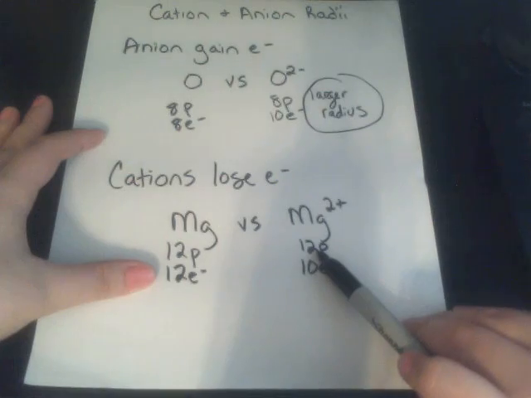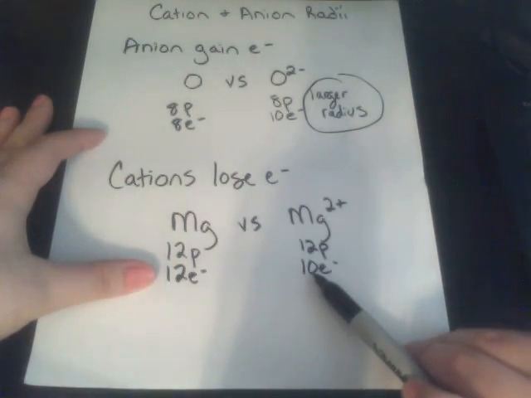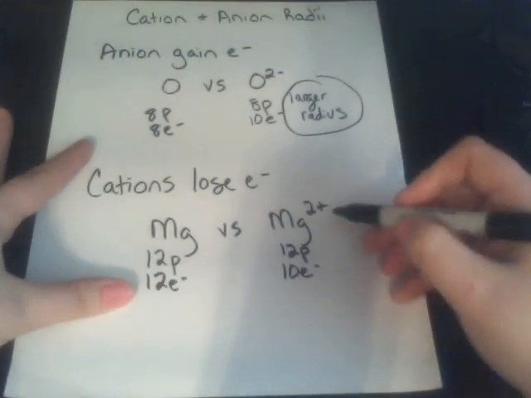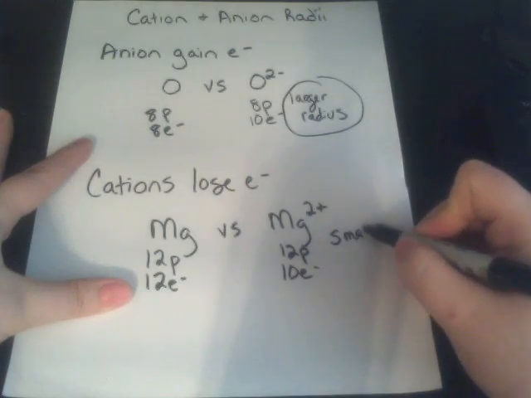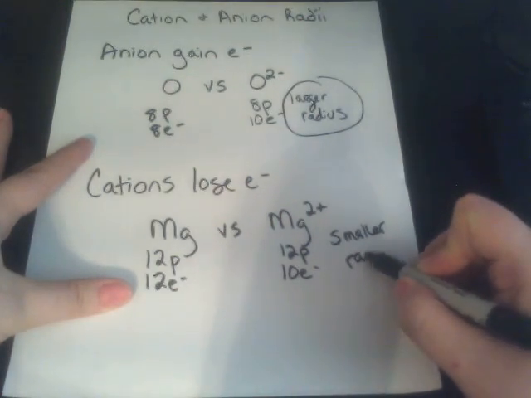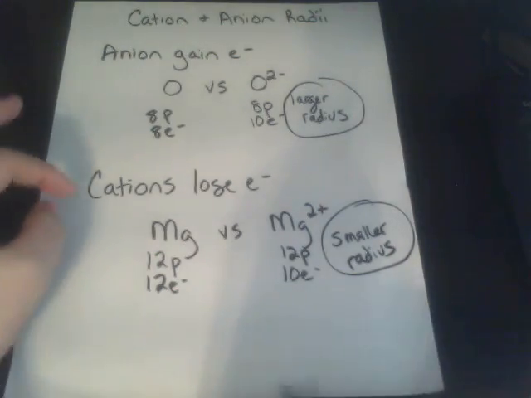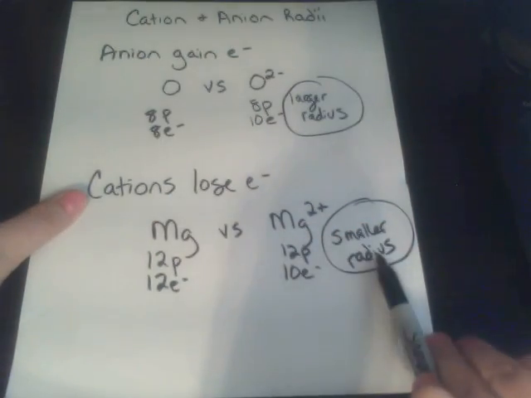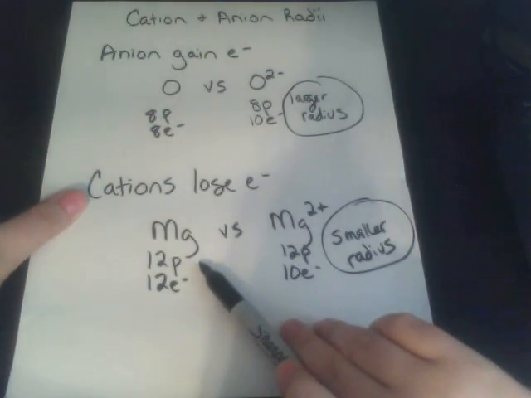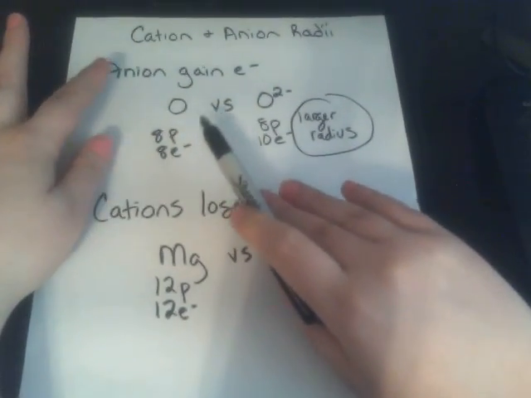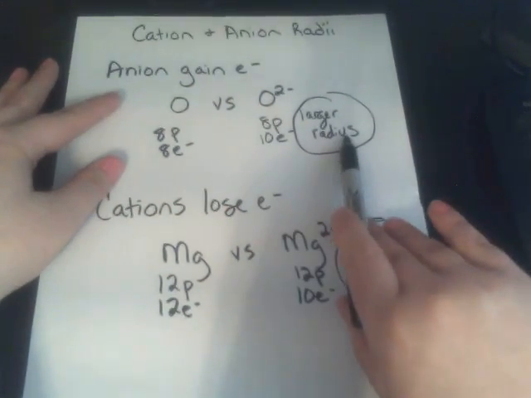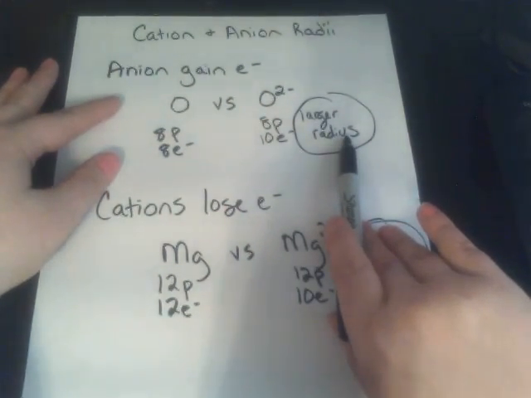So they can spread out their attraction even more to these 10 electrons. So this is actually going to be a smaller radius. So cations will have a smaller radius than the neutral atom, and anions will always have a larger radius than the neutral atom.